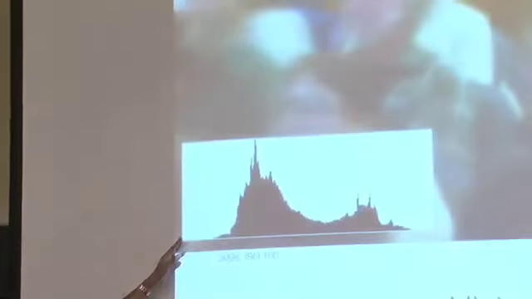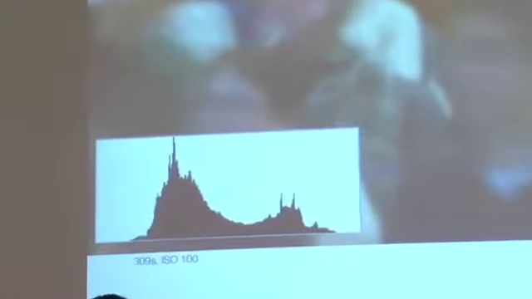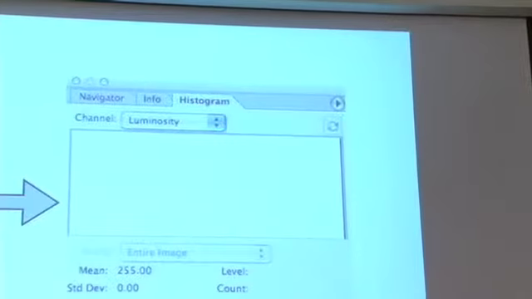There's nothing darker than the deepest black. And the reason that I know that is that all of the tones, as shown by the histogram, fit within the histogram. There's nothing at the far ends. If there were some pixels that were completely overexposed, we would see a little bump all the way on the right side, and vice versa for underexposure.